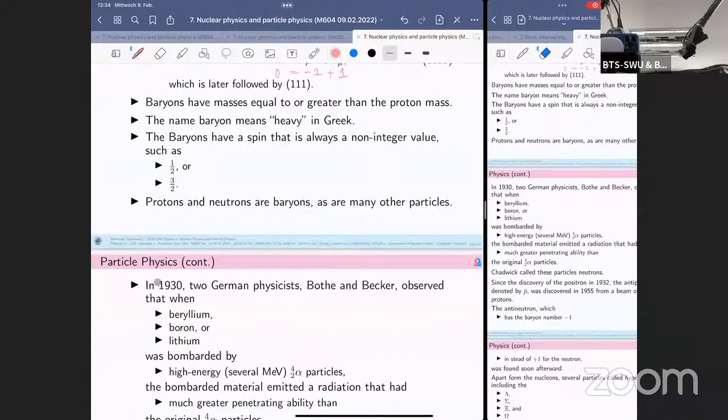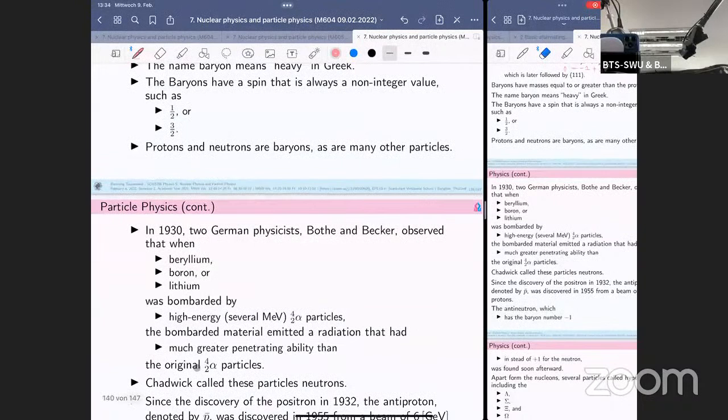In 1930, the two German physicists, Bothe and Becker, observed that when beryllium, boron, and lithium were bombarded by alpha particles of several mega electron volts, the bombarded material emitted a radiation that had much greater penetrating ability than the original alpha particle.